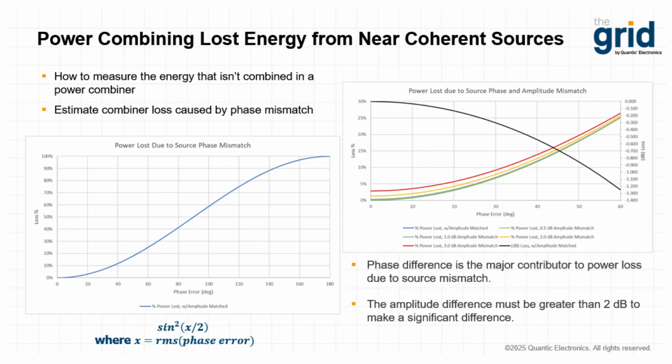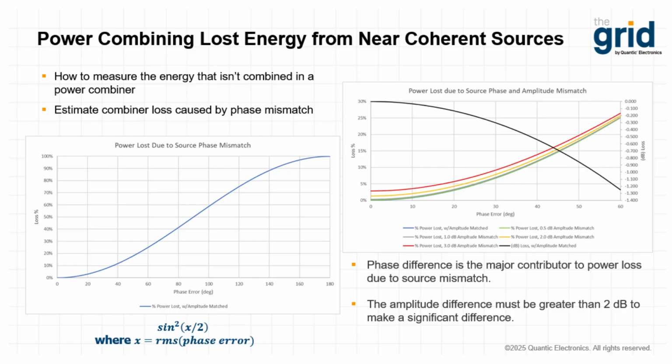What's interesting about those multicolor lines is that we are looking at differences in amplitude as well as phase error. As you can see by the scales, if the amplitude difference between those sources is less than about 2 dB, there is virtually no difference. Those lines are almost lying on top of each other, and therefore most of that power combiner loss comes from the phase differential.